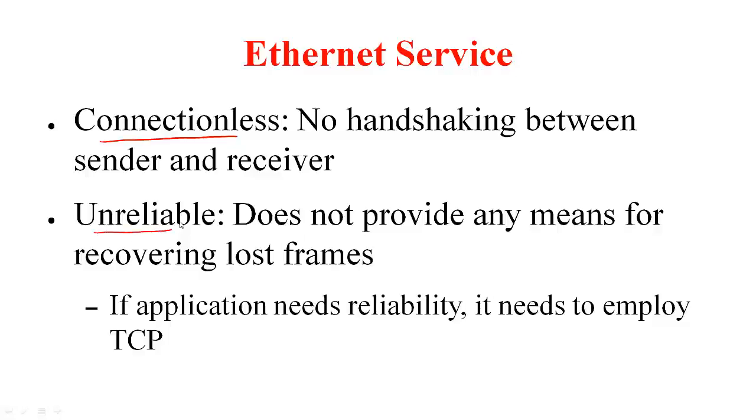Not only that, it is an unreliable service. In other words, it does not provide any means for recovering lost frames. If a packet is lost due to errors, it does not implement any reliability. If you want reliability, you need to employ TCP at the higher layer. Just to clarify a point here, I mentioned earlier that random access protocols, whenever they see a collision, do retry later to retransmit the packet.